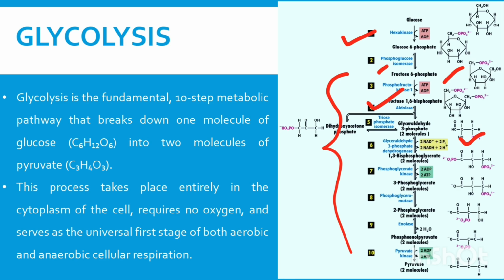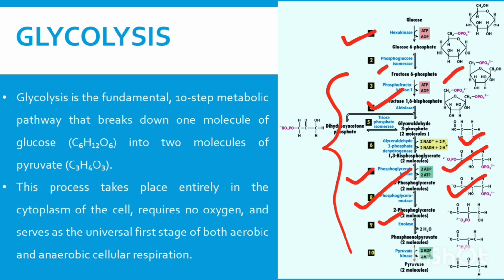The next step is from 1,3-bisphosphoglycerate, 3-phosphoglycerate is formed, generating 2 ATP. Next, from 3-phosphoglycerate, the 2-phosphoglycerate molecule will be formed.